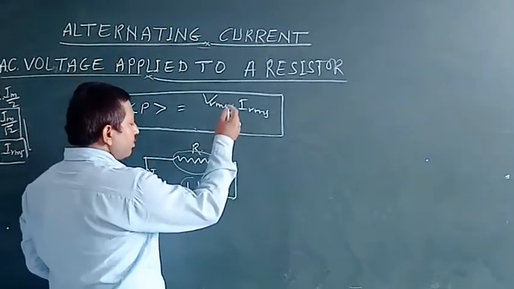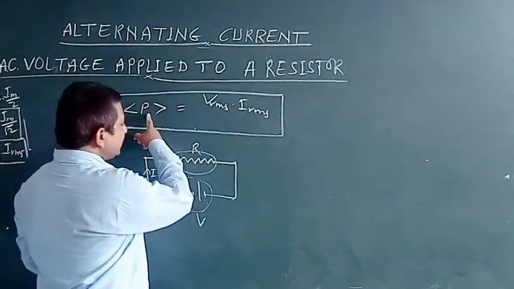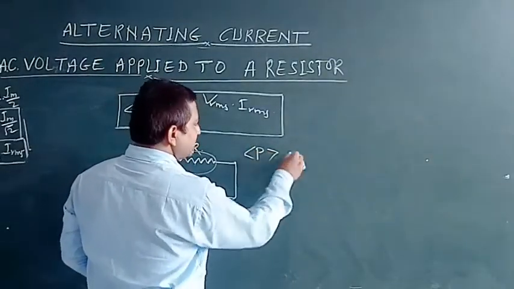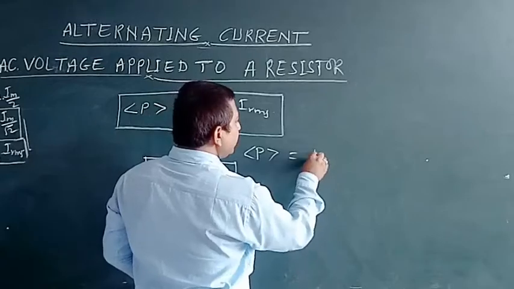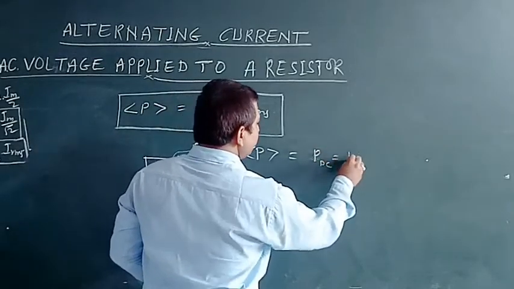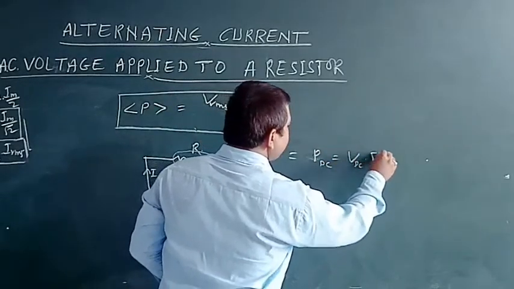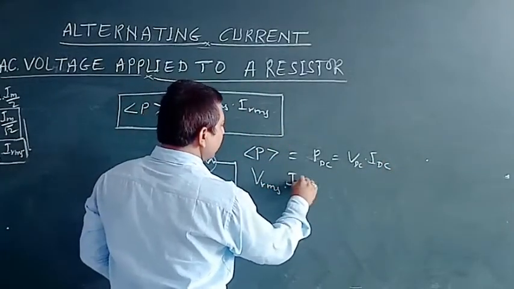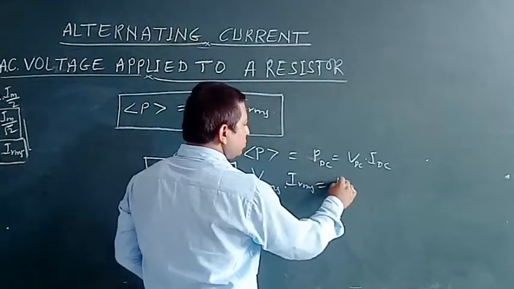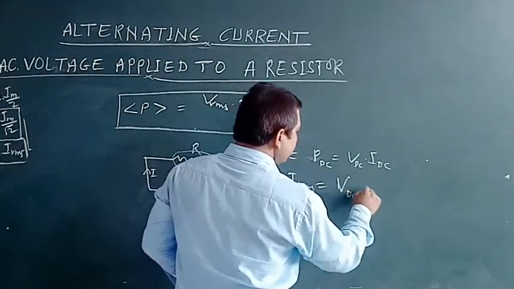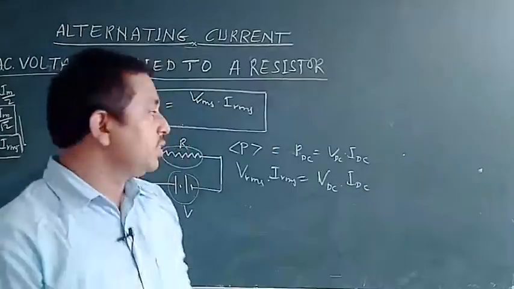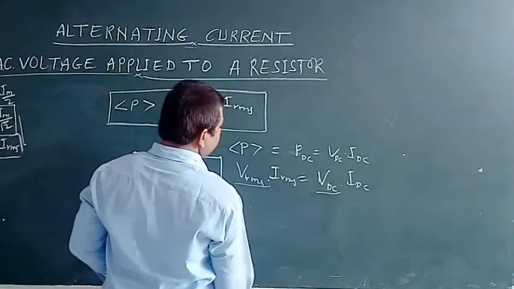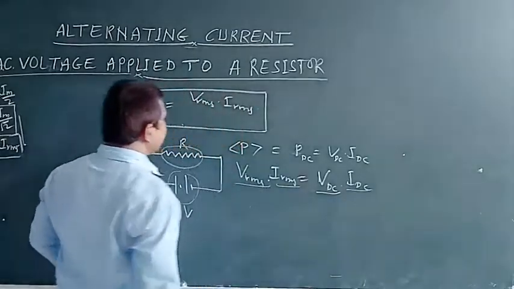So P average in AC is comparable to P in DC, which becomes VDC dot IDC. It means Vrms dot Irms is equal to VDC dot IDC. So Vrms is equivalent to VDC and Irms is equivalent to IDC.